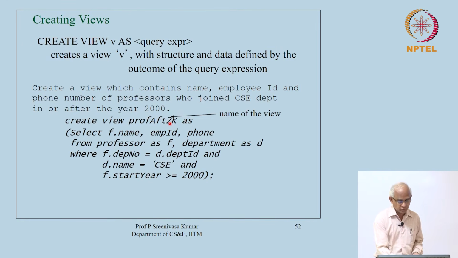So, we can freely use this in other queries. And it is up to the RDBMS to make use of this definition, compute the view data, and use it wherever this relation or table name is used.